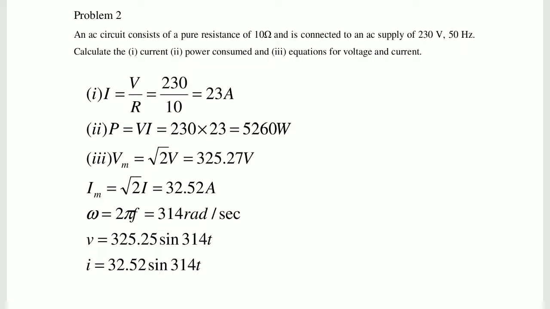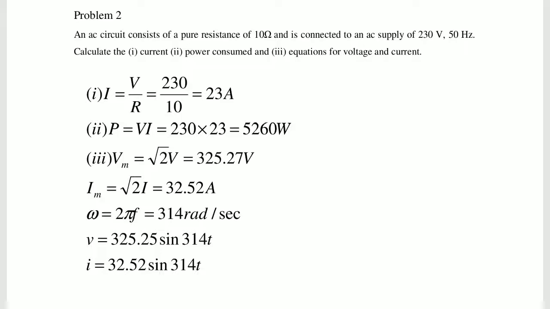Maximum voltage Vm is equal to root 2 into V RMS, so root 2 into 230 volts is 325.27 volts. This is the maximum or peak value of voltage.